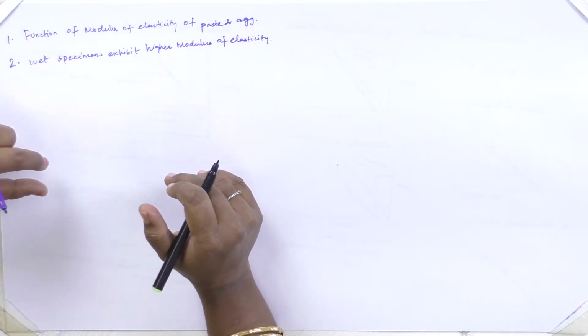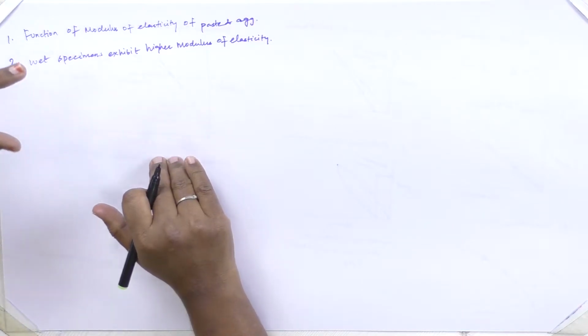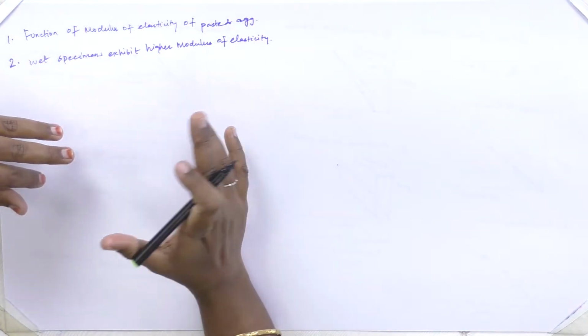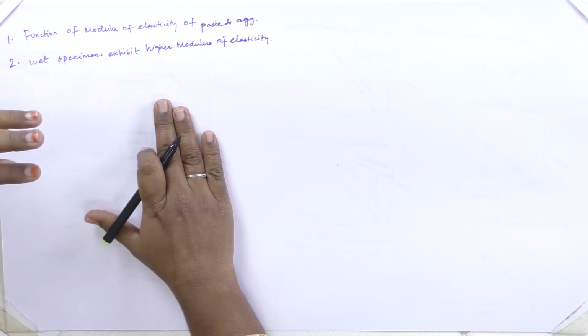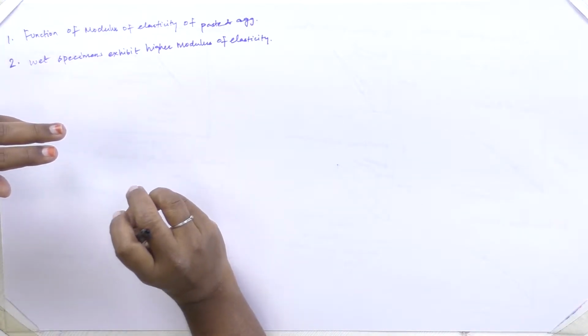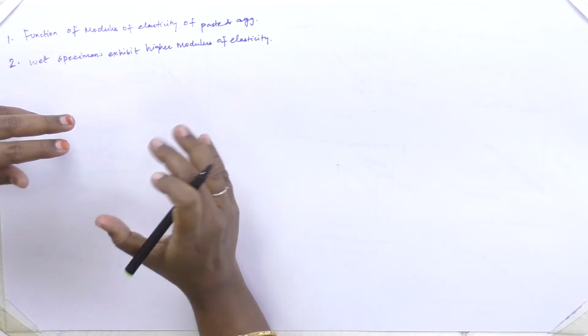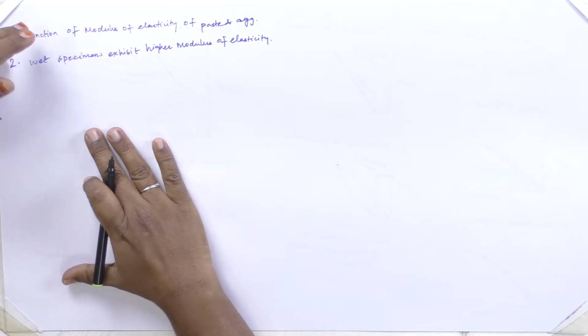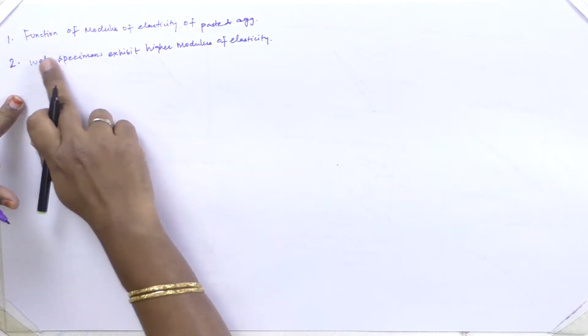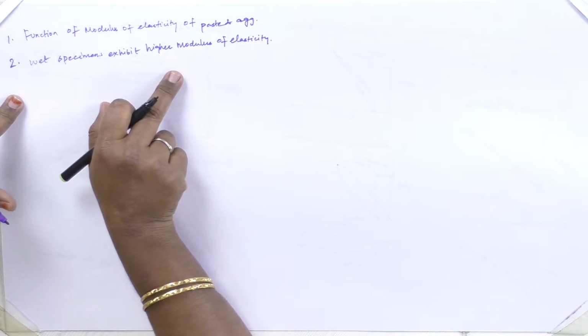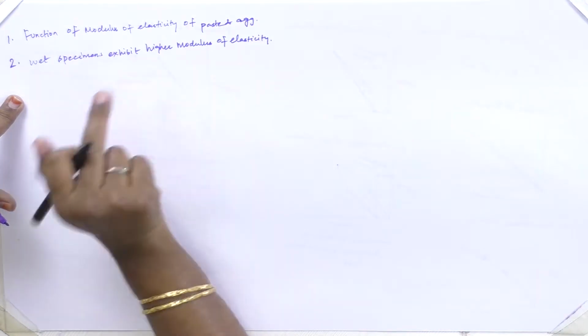But how is that possible? When talking about the strength, we discussed that the dry specimen will give higher strength when compared to that of the wet specimen. Then how come here the wet specimen will give me higher modulus of elasticity?